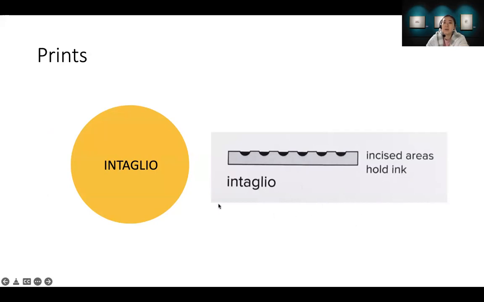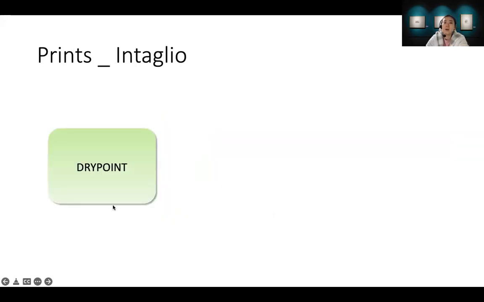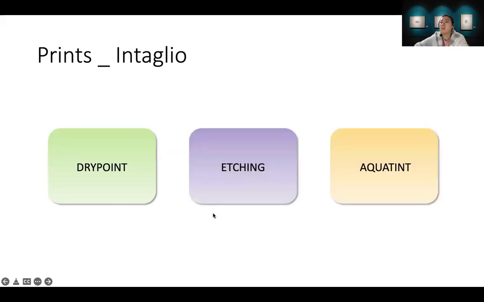That's intaglio. And there are dry point, etching, aqua tint. So for the dry point, artists just use a dry point needle to make a scratch on the plate and then print it out.